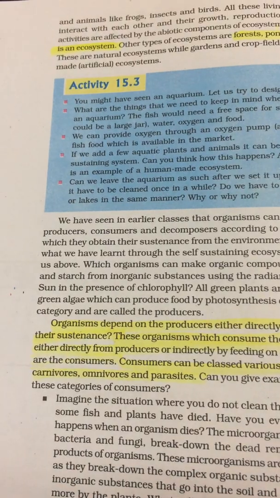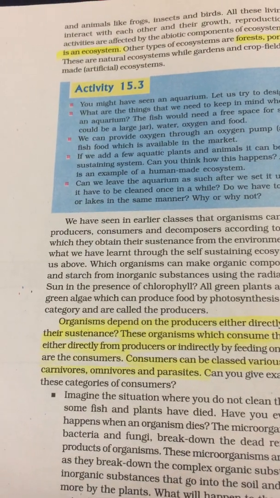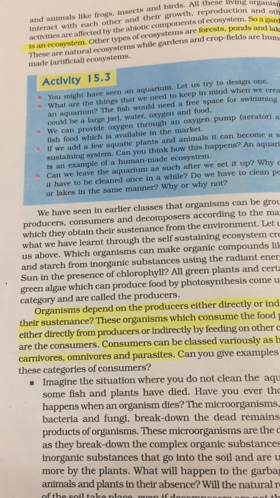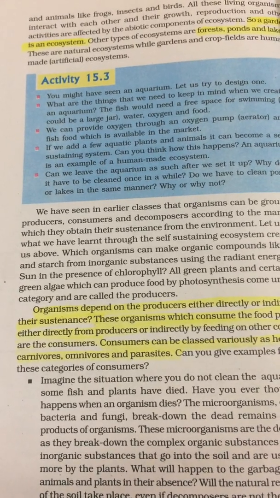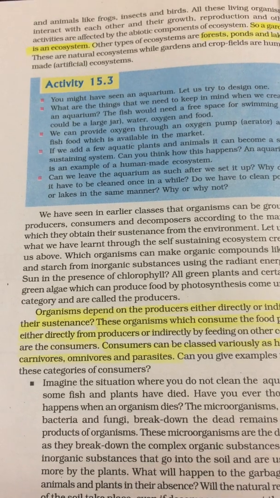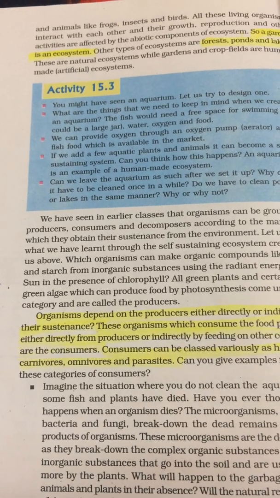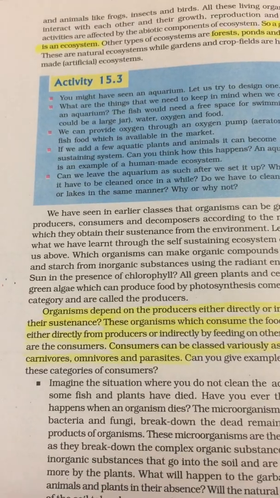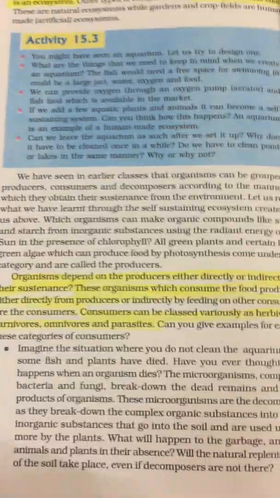These organisms which consume the food produced either directly from producers or indirectly by feeding on their consumers are the consumers. Consumers can be classified variously as herbivores, carnivores, omnivores and parasites.